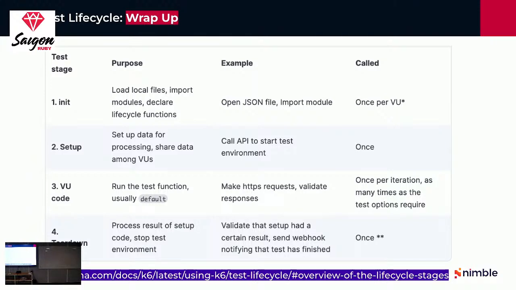So it just runs only once, and every VU just reuses it, without needing to run again. And VU code here is called once per iteration. That means when we finish running the VU code one time, we have completed one iteration.